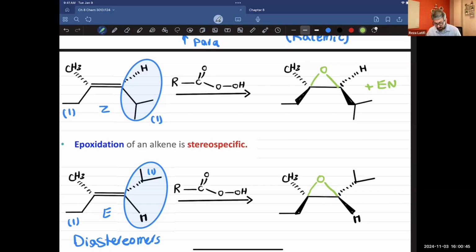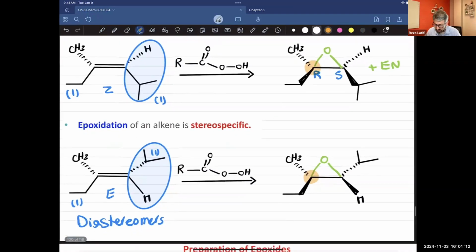So the first one, Z, gave me two products technically, and one of them I'm showing, and I'm going to assign the configuration for each one. So I get 1, 2, 3. This one will be R. And the next one, 1, 2, 3, this one will be S configuration. I did not change this one. This one stayed as it is, but the second one I flipped. So this is going to be R, but the second one will be flipped, and from S it will turn to R again because we change the position of hydrogen and isopropyl.